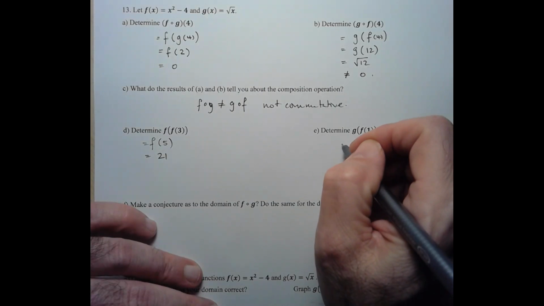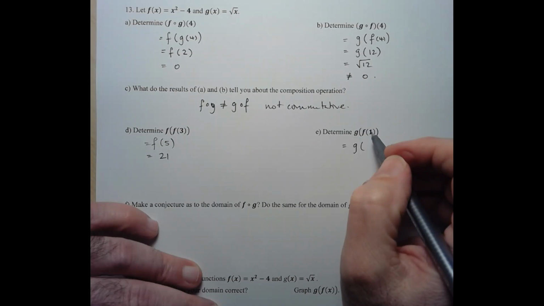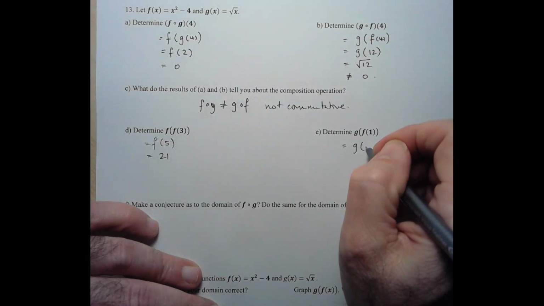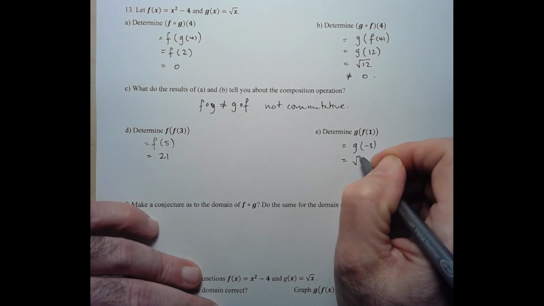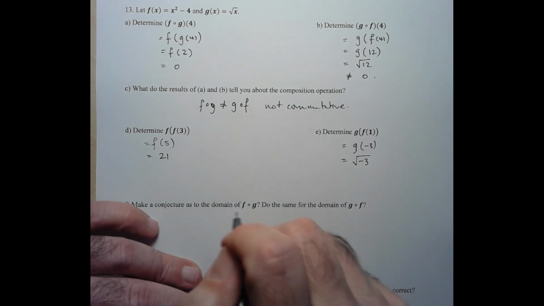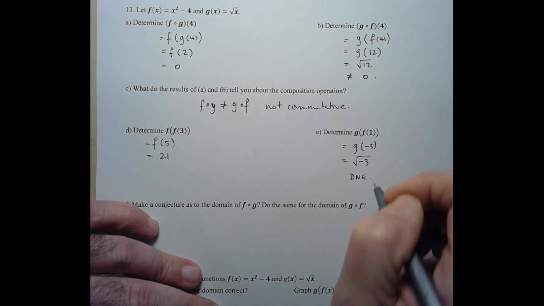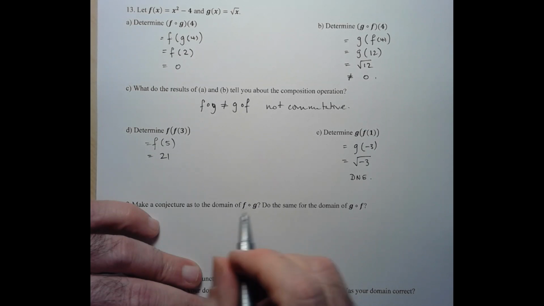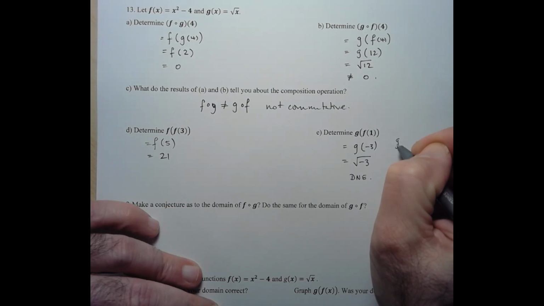So again, just another quick example here. Let's start with f at 1. 1 squared minus 4 is negative 3. And now we're going to take g at negative 3, which of course is just the square root of negative 3. And this is where you realize that this does not exist. Okay, so we found a value that's not in the domain of g circle f.